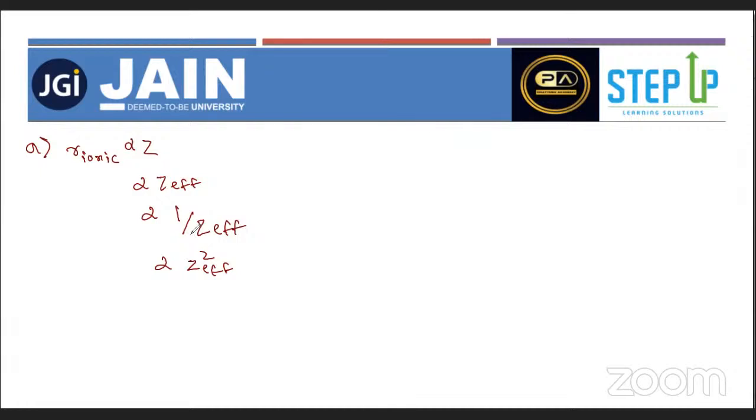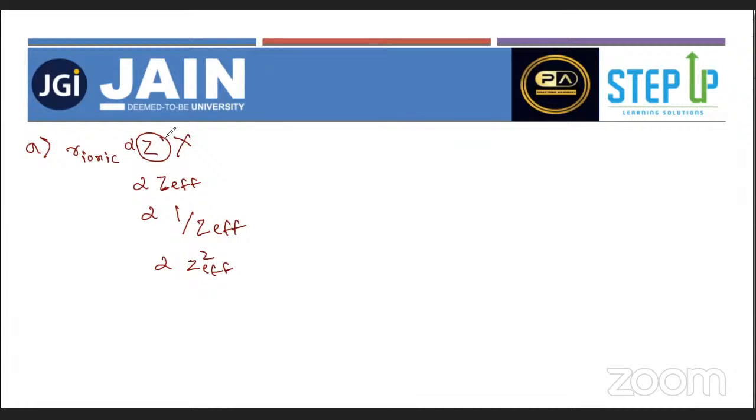What happens when your effective nuclear charge changes? How is that related? When Z effective is mentioned, never tick any option which is related to Z. Z effective is more appropriate when we are talking about atomic number.